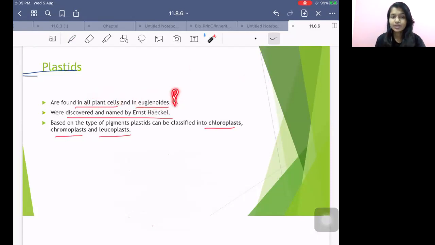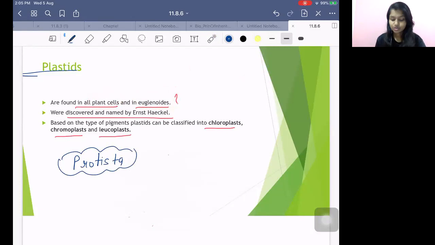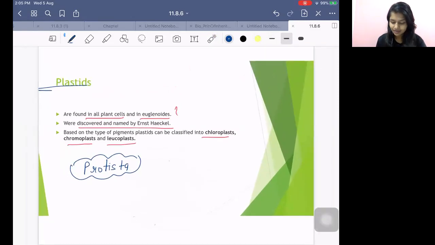Now what are euglenoids? In chapter 2, biological classification, we will be learning about protista. Under protista, you will see so many things: diatom, dinoflagellate, slime mold.